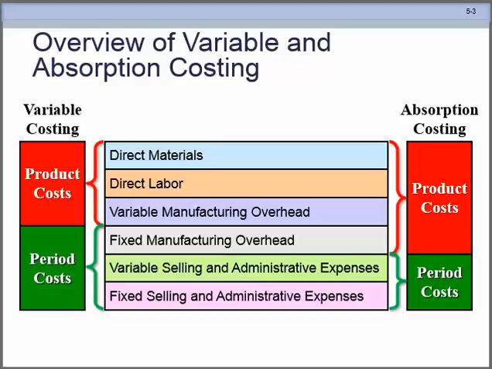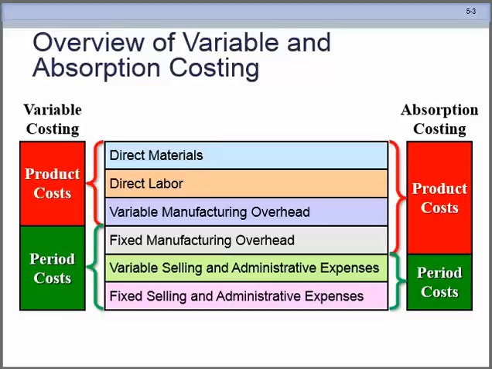Okay? Now, this supports CVP analysis because it emphasizes the separation of variable and fixed costs. For simplicity, nearly every example that we're going to look at in this chapter treats direct labor as a variable cost.